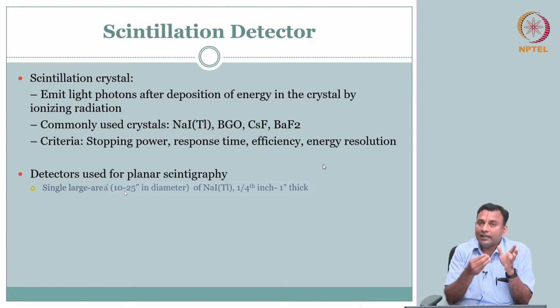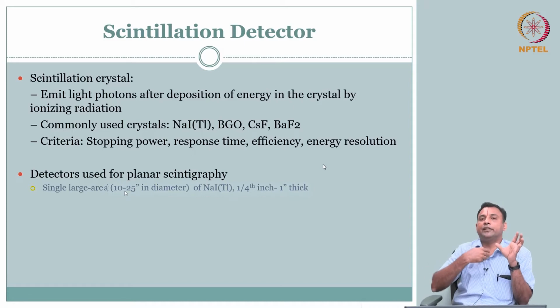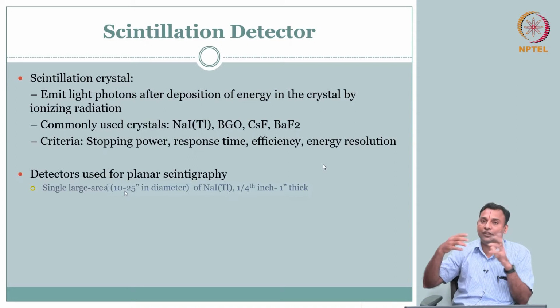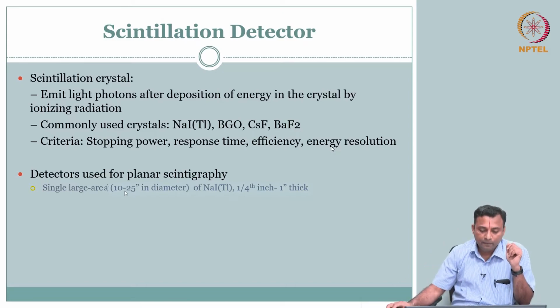So the scintillation crystal is important, because on one side is the raw data coming from the radio tracer, and on the other side is the signal estimate that you are going to work with. You want good energy resolution, otherwise if it is already lousy here, it will be very difficult to separate out which is the signal and which is the Compton scattered signal.